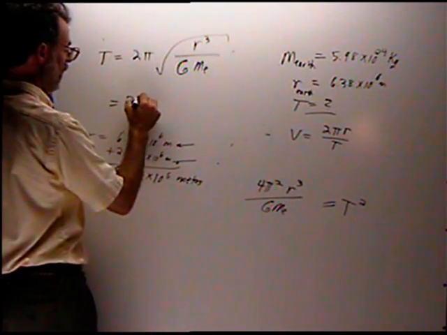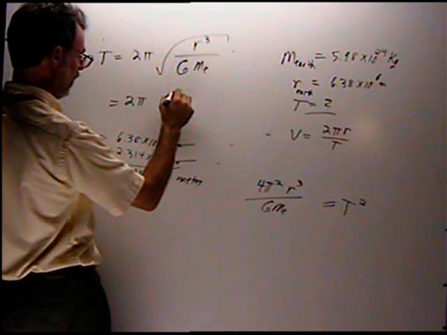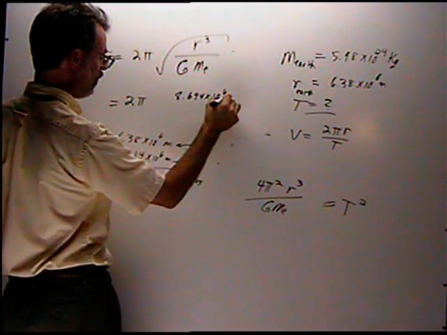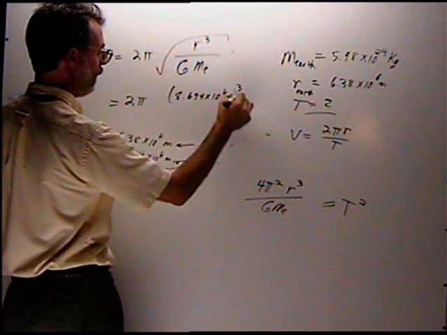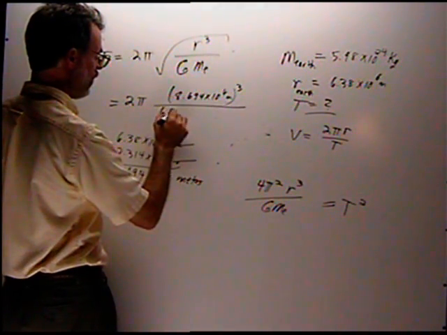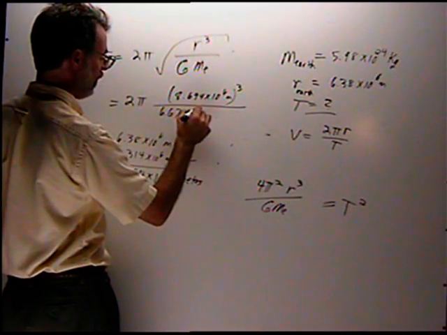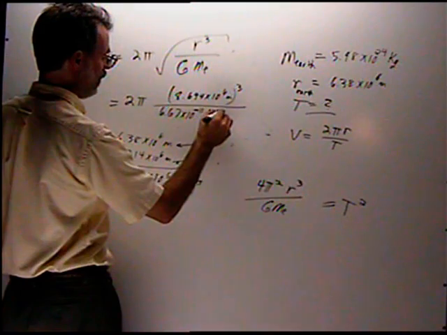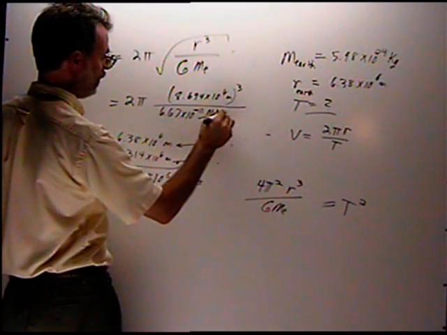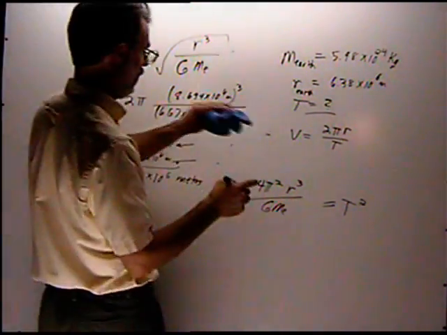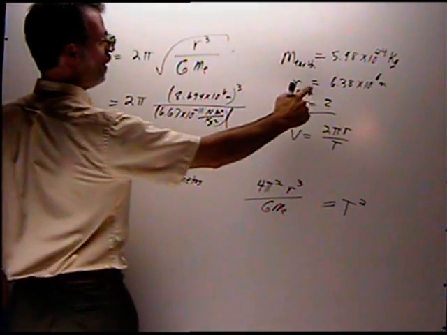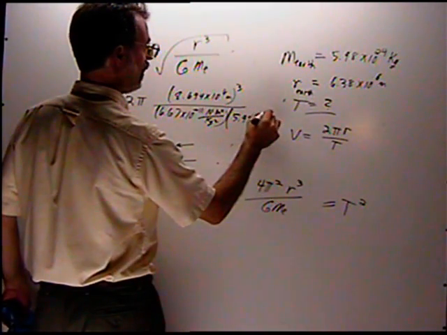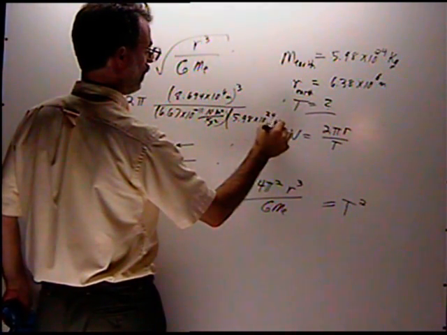So this is 2 pi, and the radius is, again, 8.694 times 10 to the 6 meters, and I have to cube that, divided by G, 6.67 times 10 to the minus 11 Newton meter squared per kilogram squared, times the mass of the Earth, which is 5.98 times 10 to the 24 kilograms.